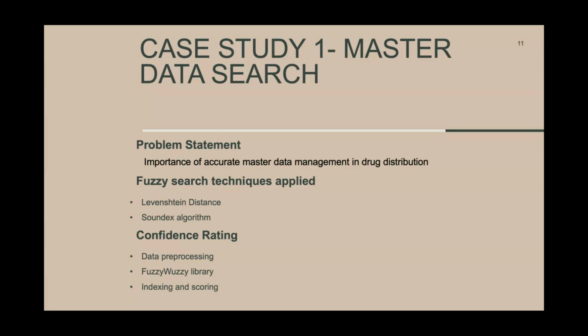One of the first things that we did was the data pre-processing, where we cleaned and standardized the data to ensure consistency, and then tokenization and normalization to prepare the data for matching. Then we used the FuzzyWuzzy library to compute the similarity scores, with functions like fuzzy ratio, fuzzy partial ratio, fuzzy token sort, and fuzzy token set ratio in different matching scenarios.